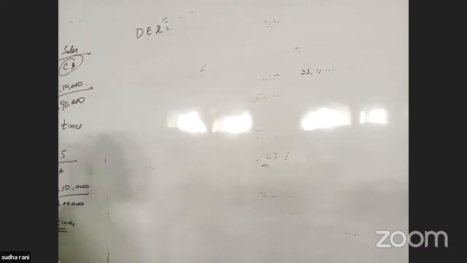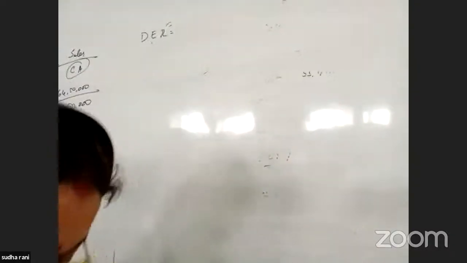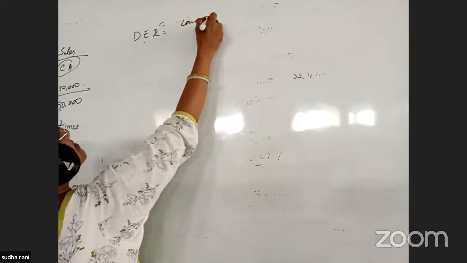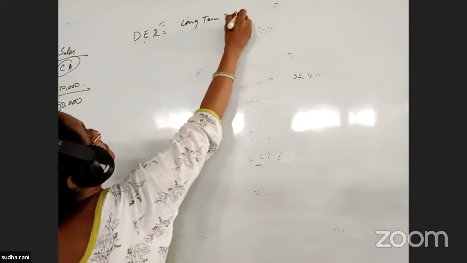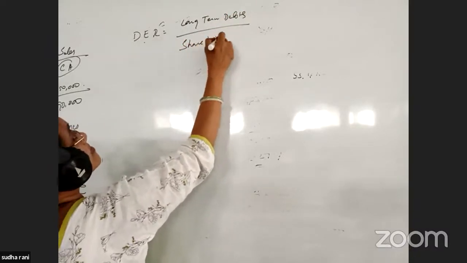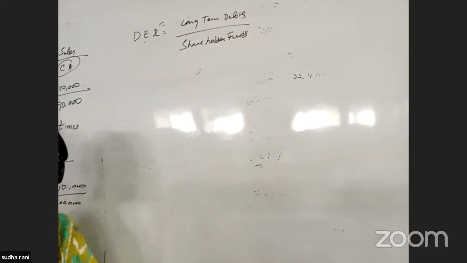Now the next one is the debt equity ratio. This comes under the solvency ratios. Solvency ratios are those ratios which tell about the long-term ability of a company in meeting its obligations. So debt equity ratio is long-term debt by shareholder funds.